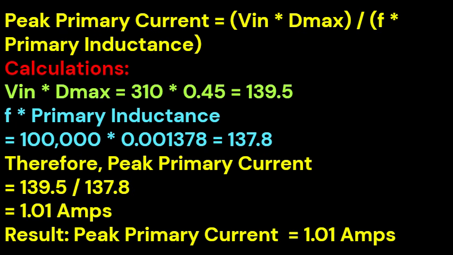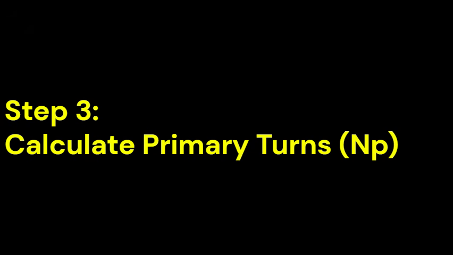Calculation, V in multiplied by D max equals 310 multiplied by 0.45 equals 139.5, F multiplied by primary inductance equals 100,000 multiplied by 0.001378 equals 137.8. Therefore, peak primary current equals 139.5 upon 137.8 equals 1.01 amps. Result, peak primary current equals 1.01 amps.